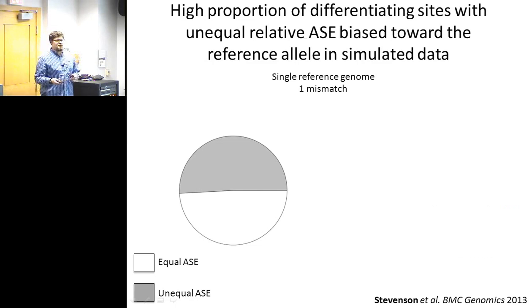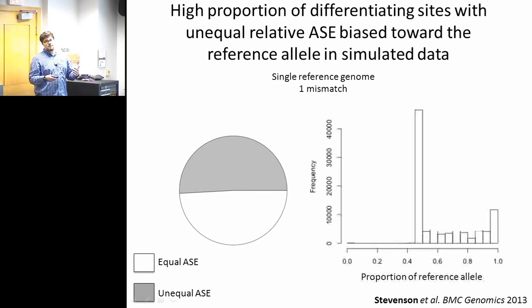If I instead plot the distribution of the proportion of the reference allele, as Degner and colleagues did, I see that, again, most of my differentiating sites that show unequal measures of allele-specific expression are in fact biased in favor of calling a higher proportion of the reference allele than expected. What we would expect is right here at 0.5.